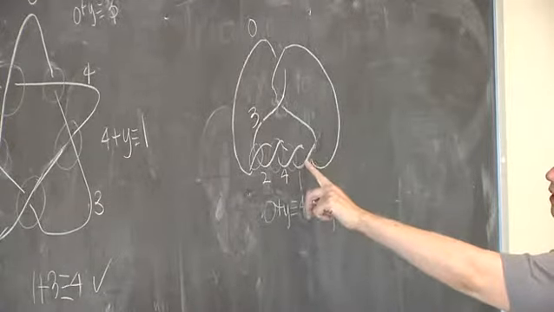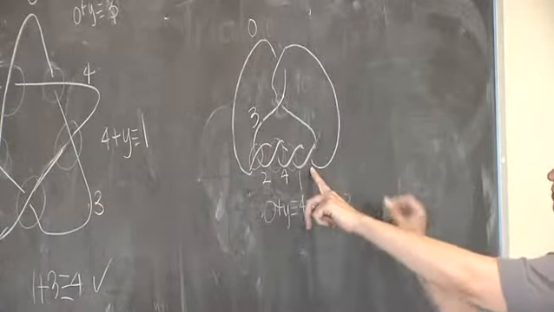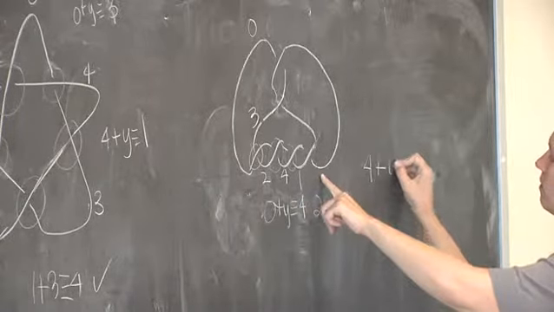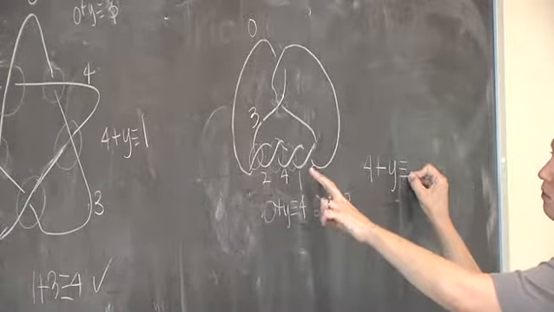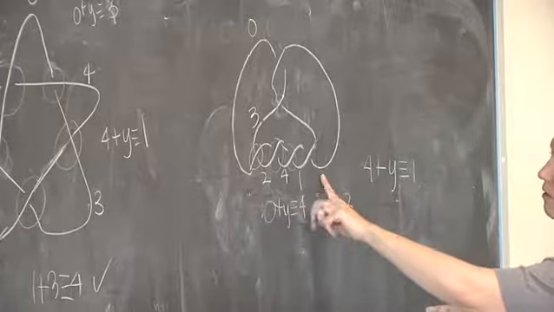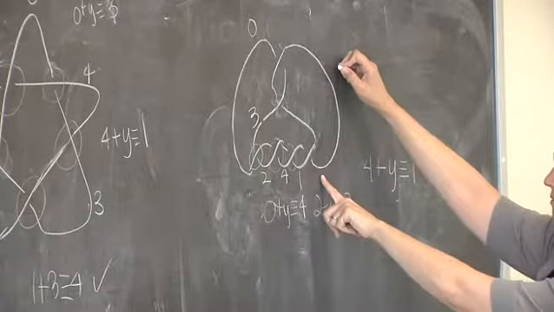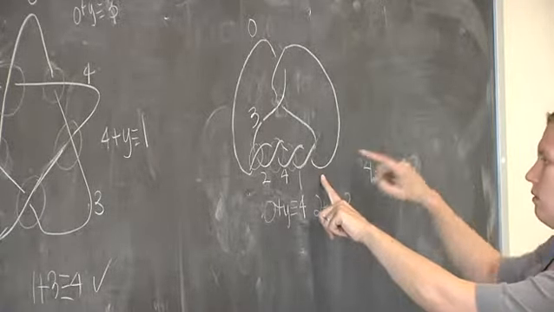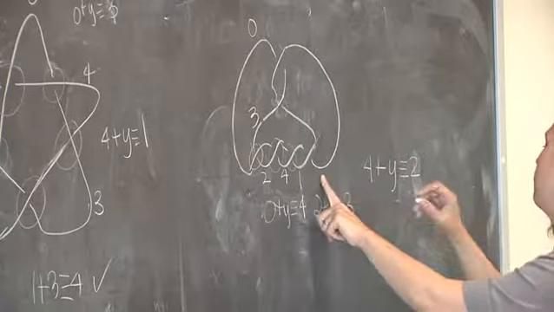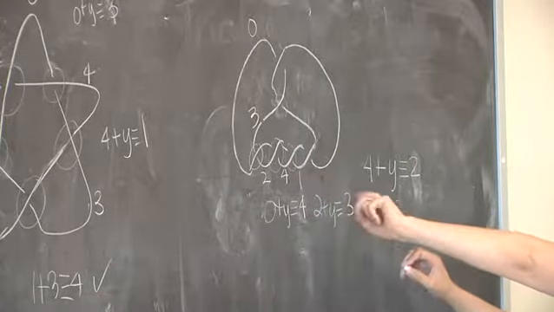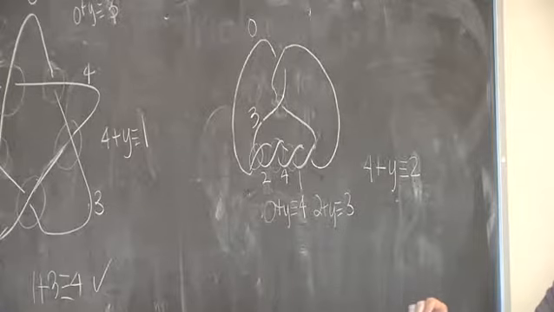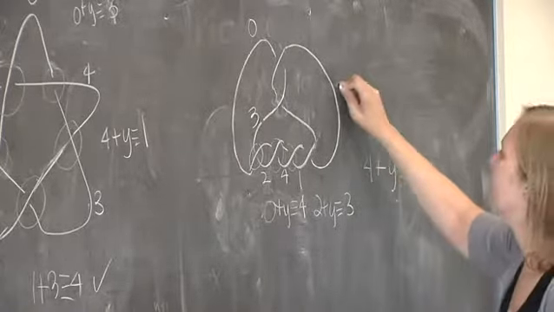4 plus this is congruent to 1. So this has to be 2, right? 4 plus this is congruent to 2. So y then has to be 3. Yes. I've lost my ability to add entirely recently.